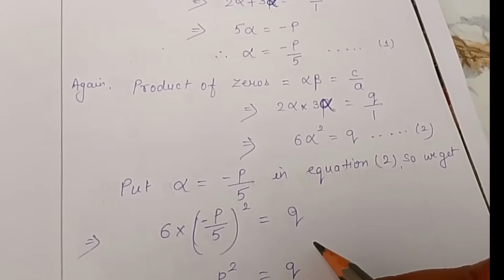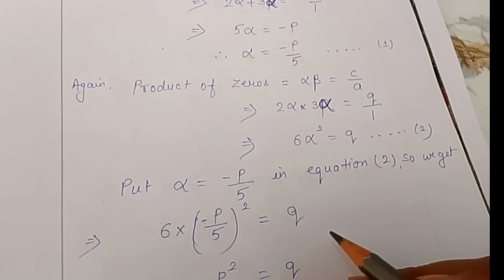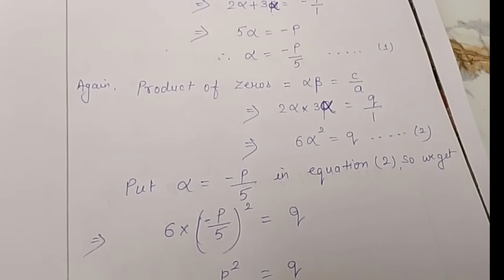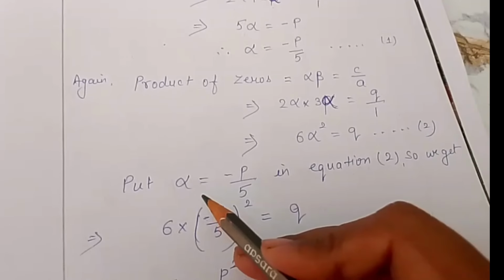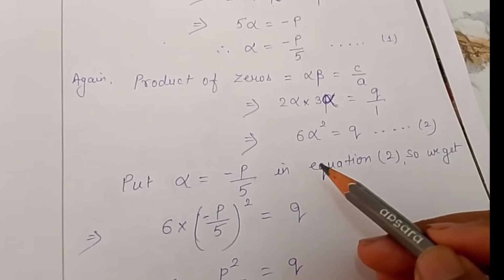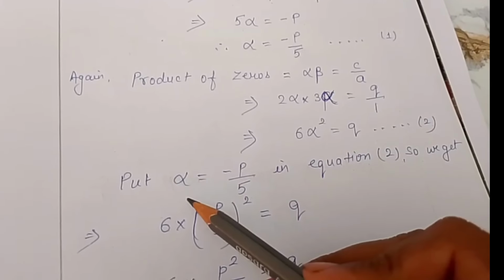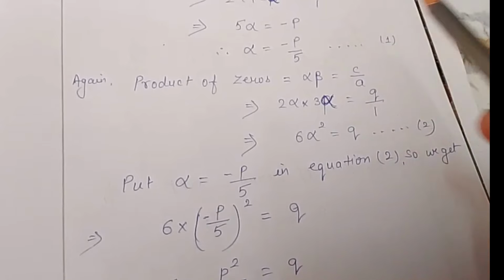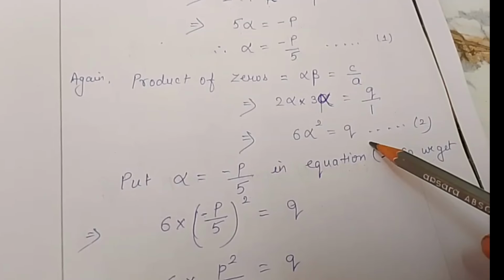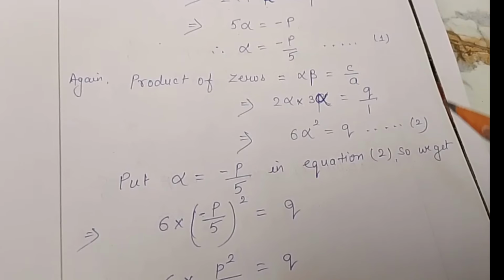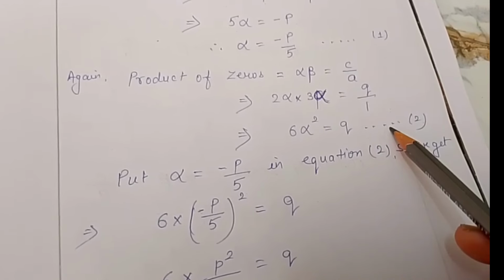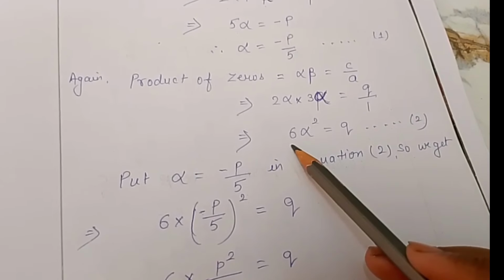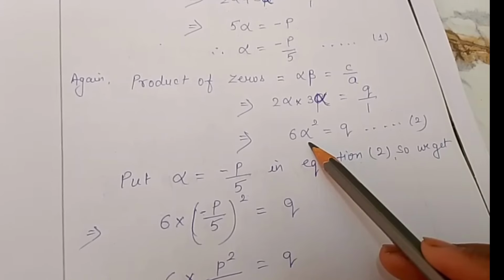Find the relation. We need a relationship between p and q. This means we must eliminate alpha. We can substitute the value of alpha from equation 1 into equation 2. Start with equation 2, which is q = 6 alpha².